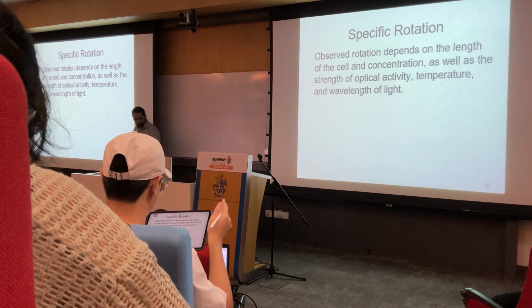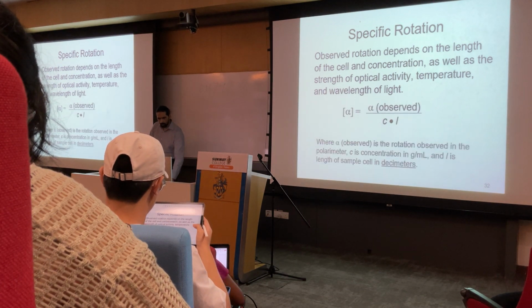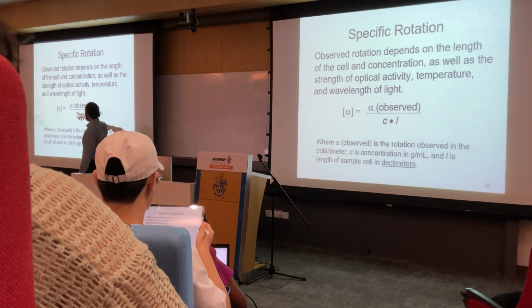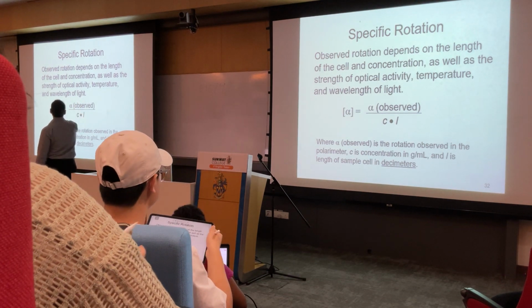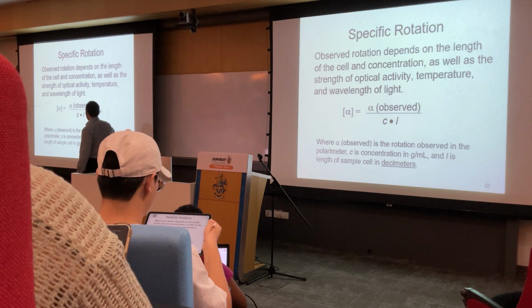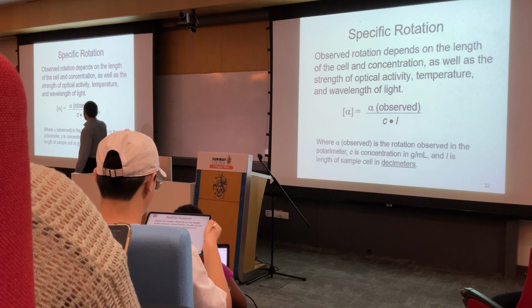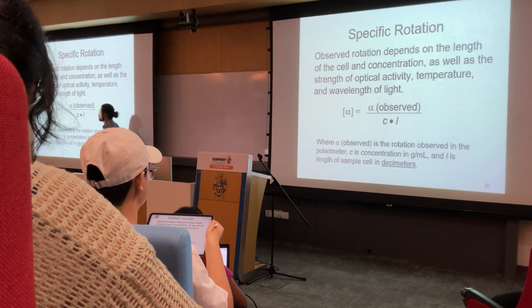So in this we use this equation, where alpha is the observed rotation as per the polarimeter, concentration must be in grams per ml, and L should be the length of the sample, which must be in decimeters.